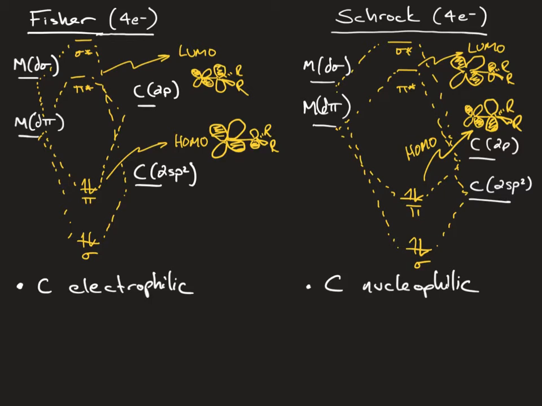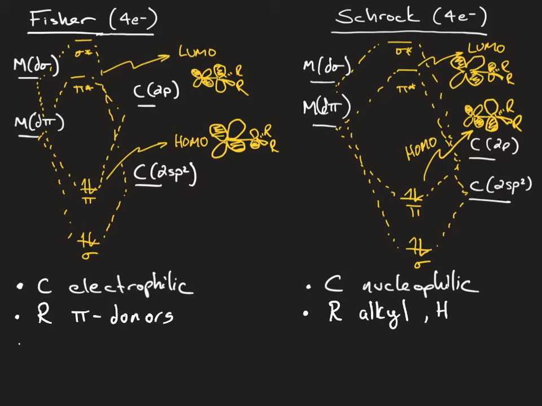In Fischer-type carbenes, the R group off of the carbon on the carbene are typically pi donors. In contrast, for Schrock-type carbenes, the R group are typically alkyls or hydrogens.